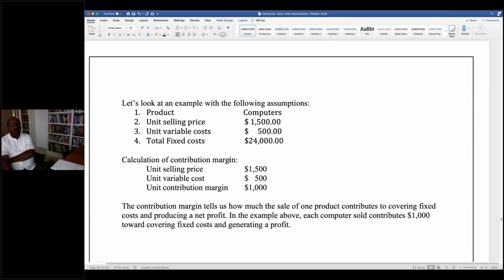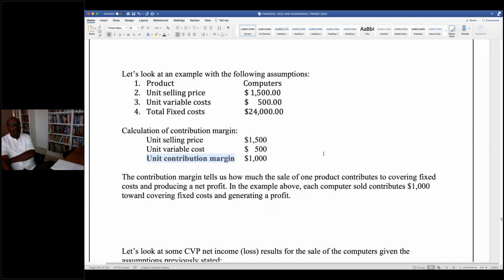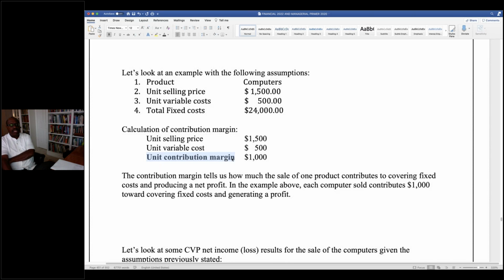The contribution margin, a key thing that we're concerned about, is selling price minus the variable cost. So the data we need: selling price, variable cost, total fixed cost. Then we need to calculate the unit contribution margin, which is the unit selling price minus the variable cost.